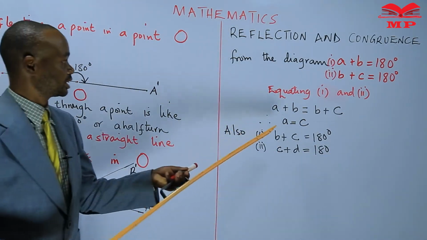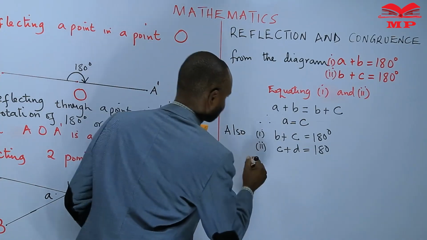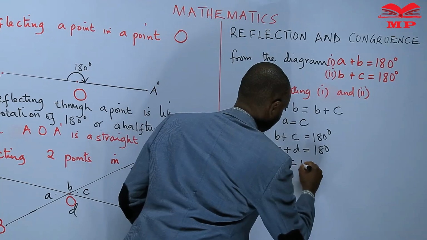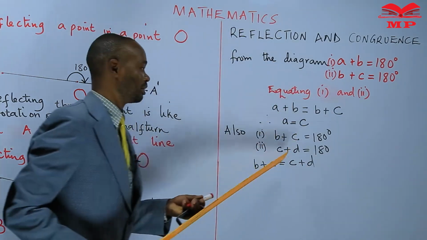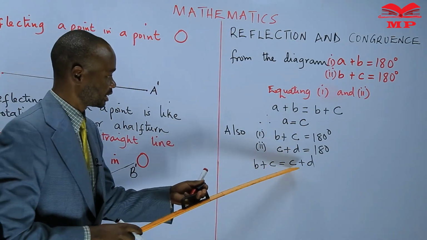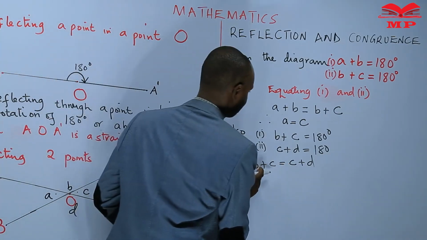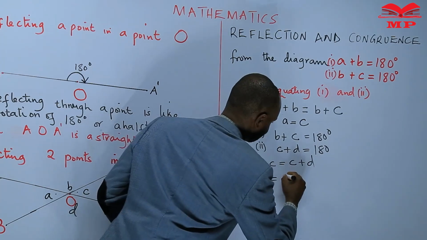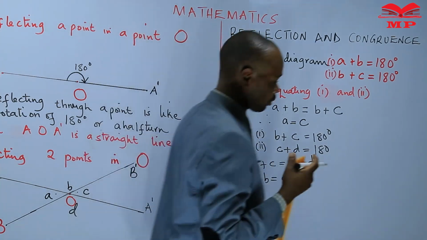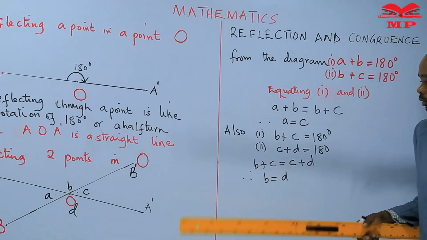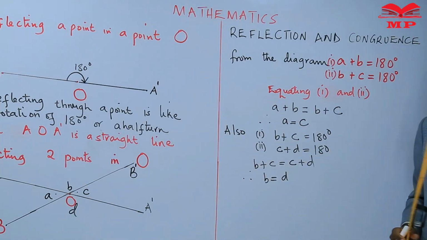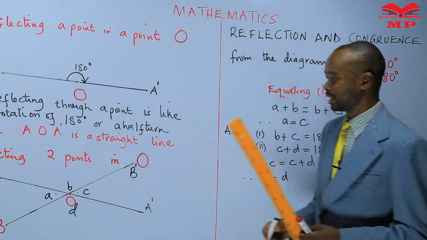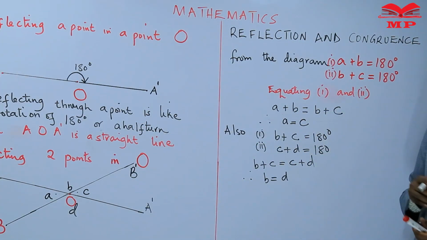We can then equate these, so we get B plus C is equal to C plus D. Since we have C on both sides, B will be equal to D. So what deduction do we get? When we reflect 2 points in a point, we get vertically opposite angles.